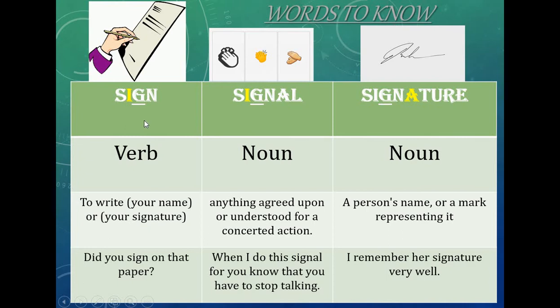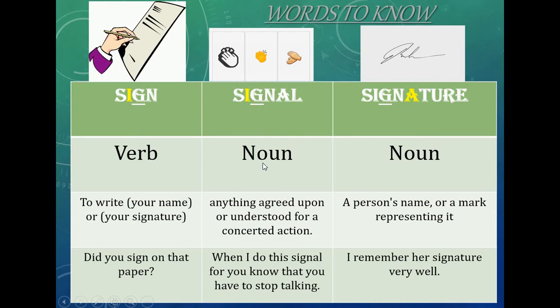So, did you sign on that paper? Did you sign? Yes, here is my signature. Did you sign is a verb because you're doing an action while signing. Yes, here is my signature. When it is ready, signature is a noun.